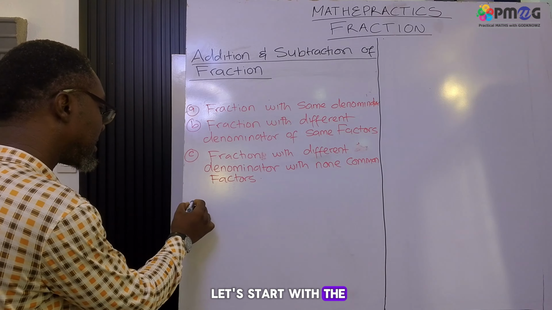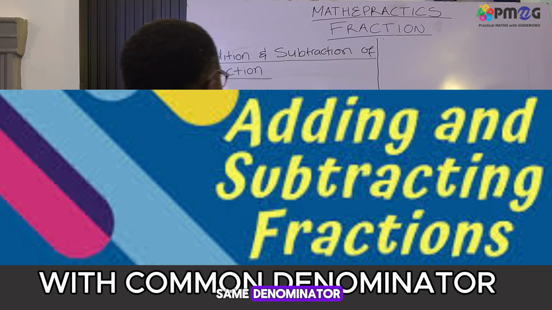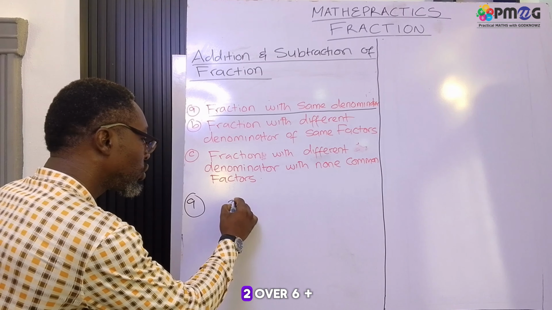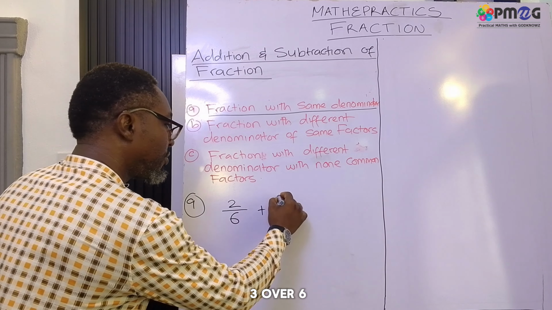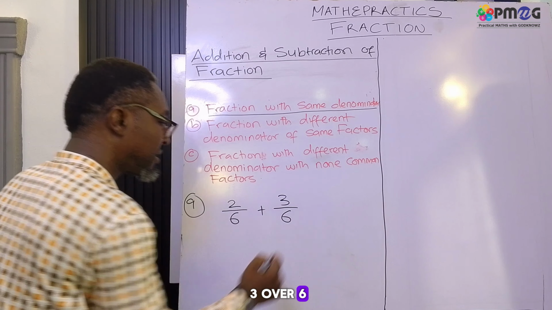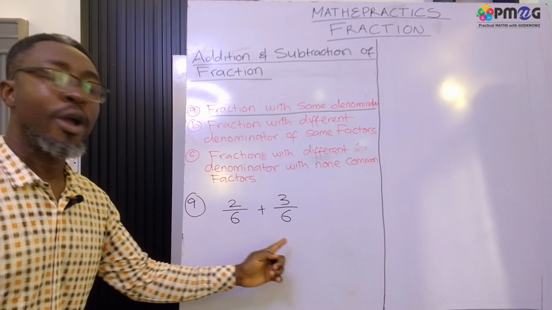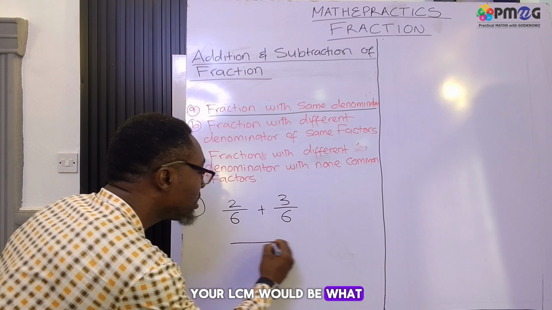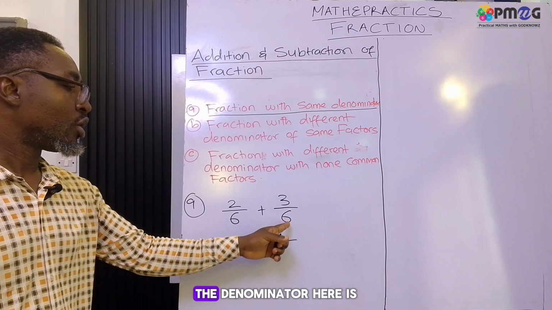Let's start with the first one, which is fractions with the same denominator. If you have 2 over 6 plus 3 over 6, they have the same denominator. When they have the same denominator, your LCM would be what? 6, because the denominator here is 6 and the denominator here is 6.